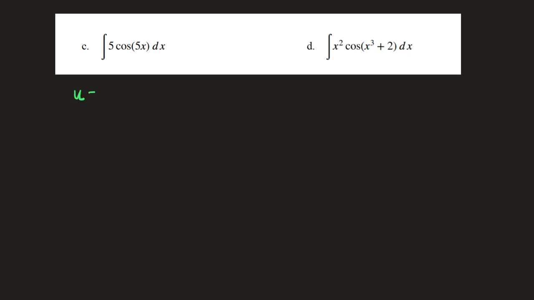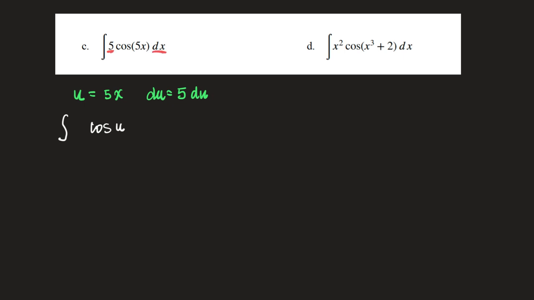I'm pretty sure you're going to pick the 5x, right? Then what is du going to be? Take the derivative of 5x, which is 5 dx. Now it's time to substitute, or replace. Integral of cosine u. Guys, you might be curious about this 5, this dx.